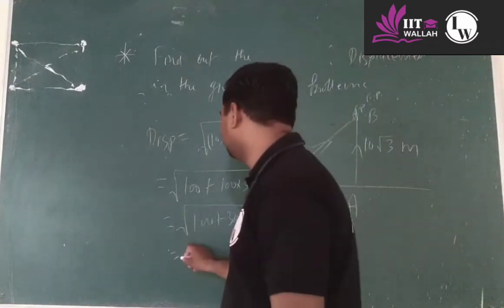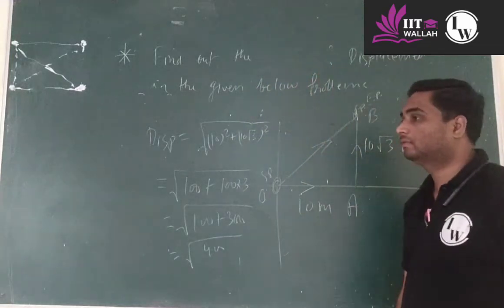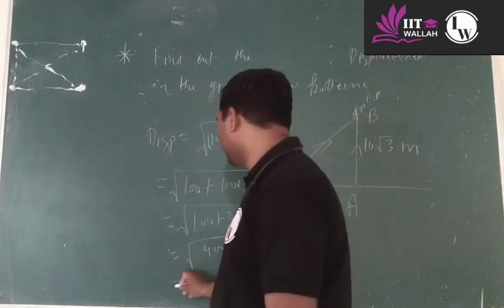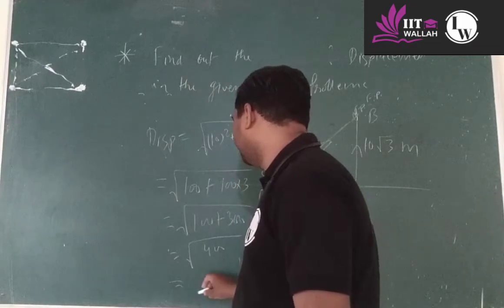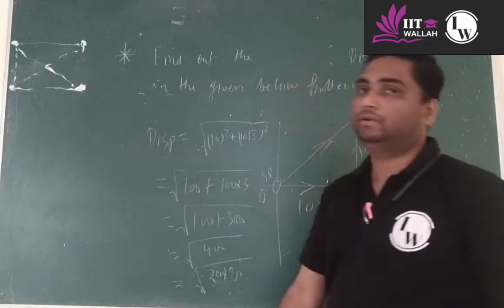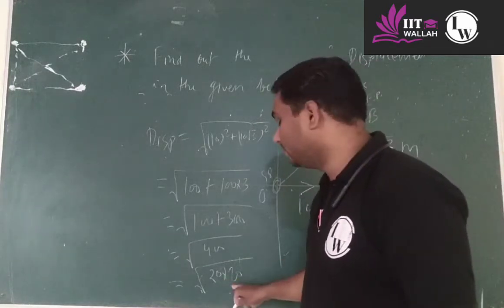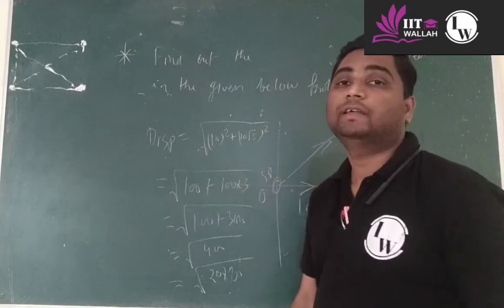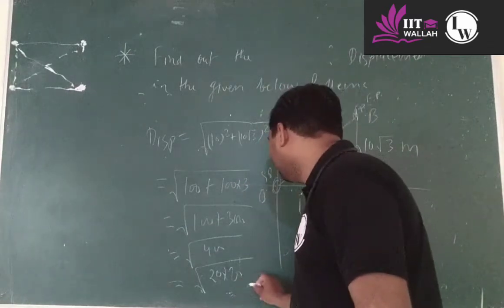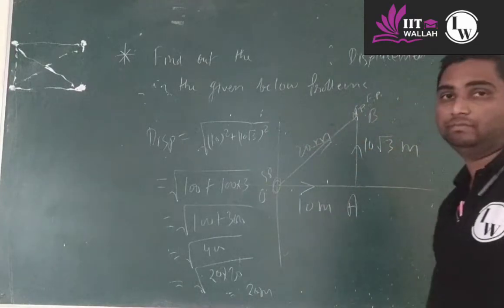So this becomes 400, and the square root of 400 is 20 meter, because 400 is 20 into 20. So displacement is 20 meter.